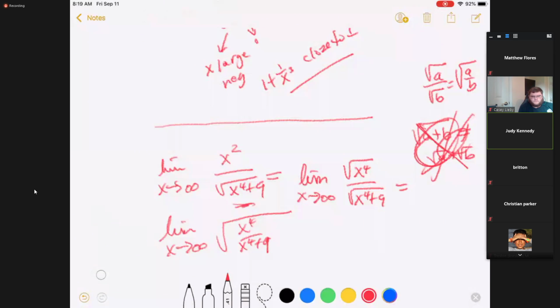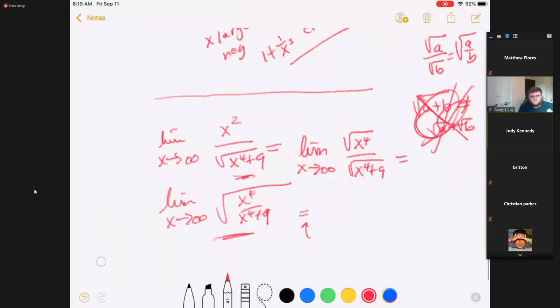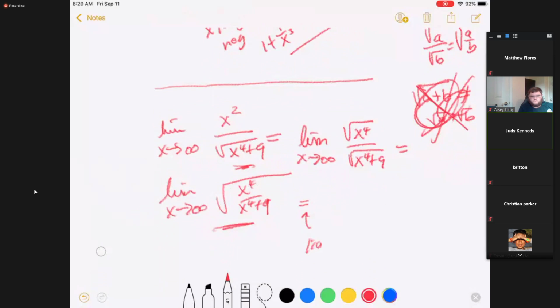And now I can use the limit laws, if this limit exists, and if it doesn't, I'll find that out too. I can bring the square root out of the limit. Okay. Well, it's a limit law. I don't remember what number.